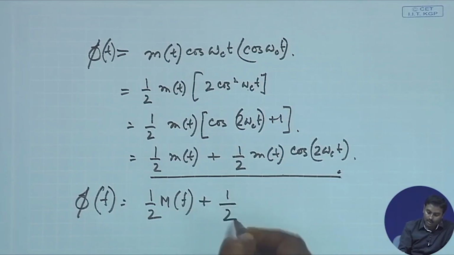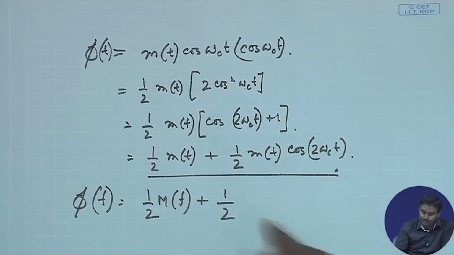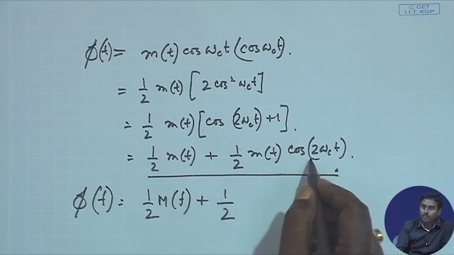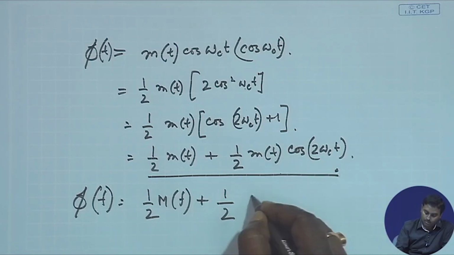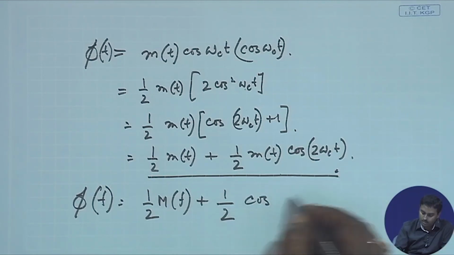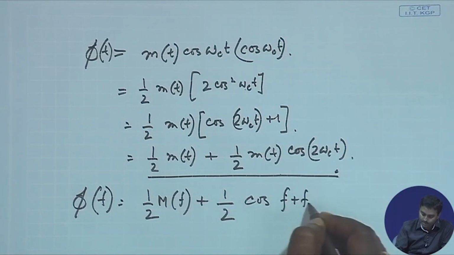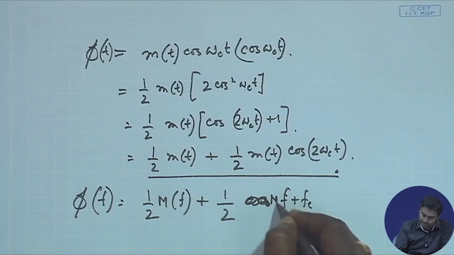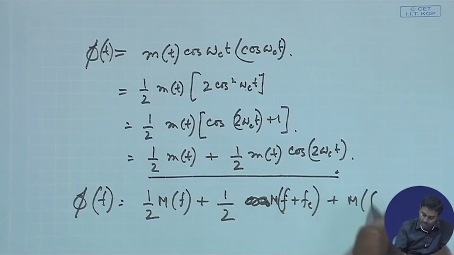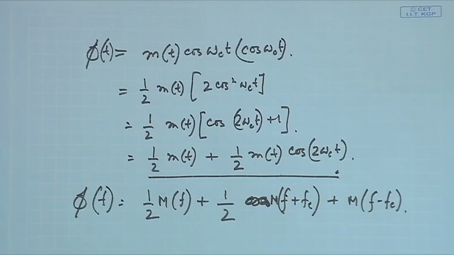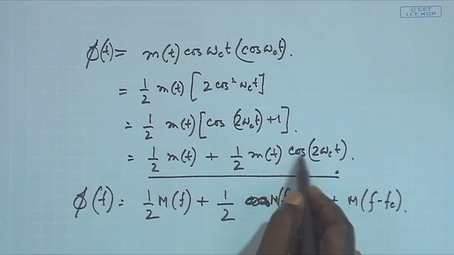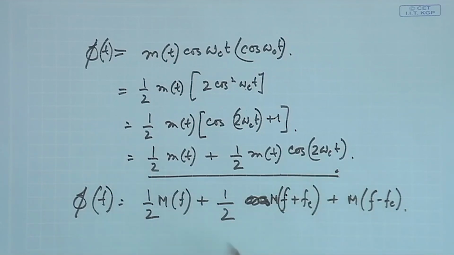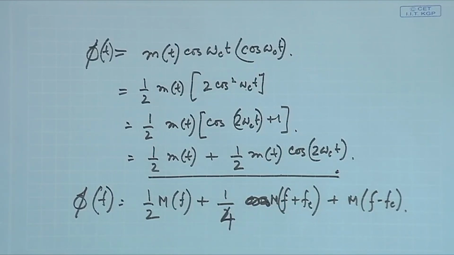So I can write half, and then this particular part should take me to M(f plus fc) plus M(f minus fc), right? Is this fine? Okay. So I will get that, but there should be a half also coming out of this one, because whenever I multiply by cos there should be another half, so this must become 1 by 4, right?